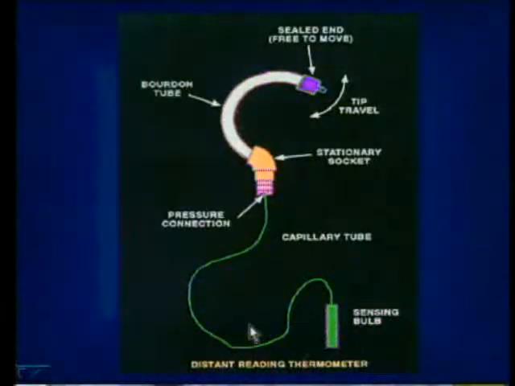Now, when we go for distant reading thermometers, in certain cases the device whose temperature we measure is in a furnace. If we want to measure the furnace temperature, we can't go inside the furnace or even nearby and read it.